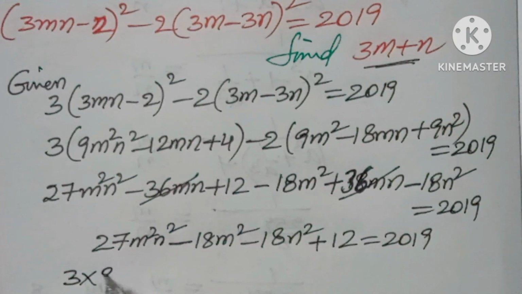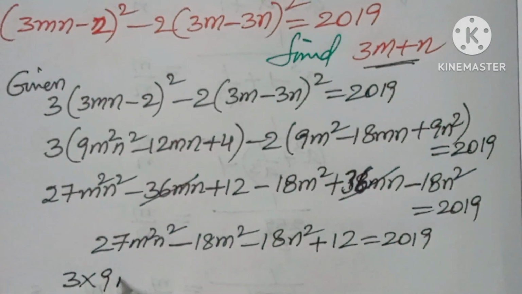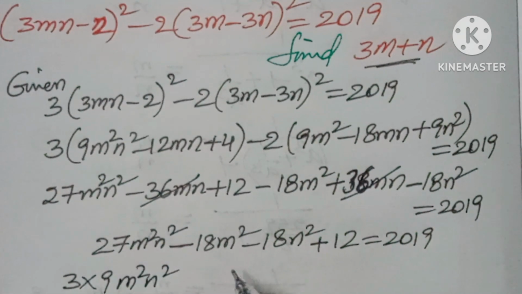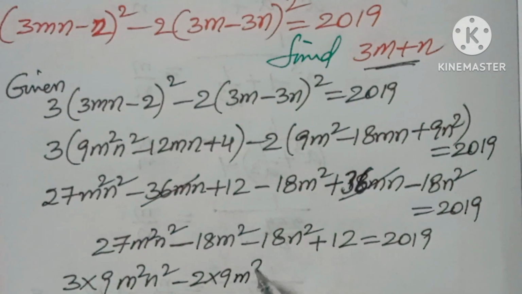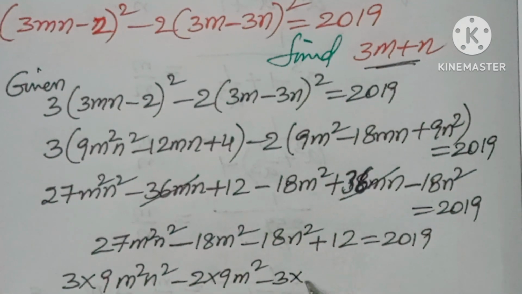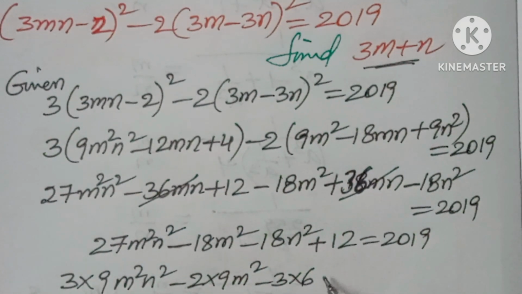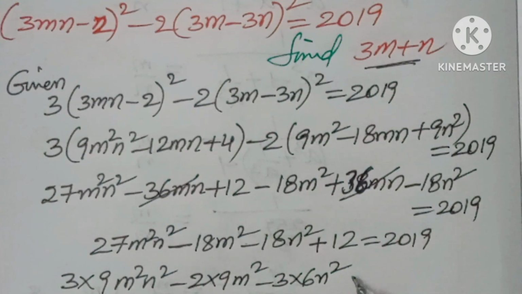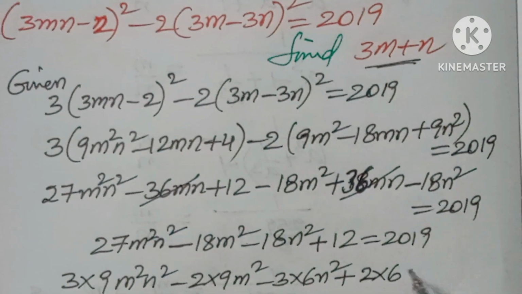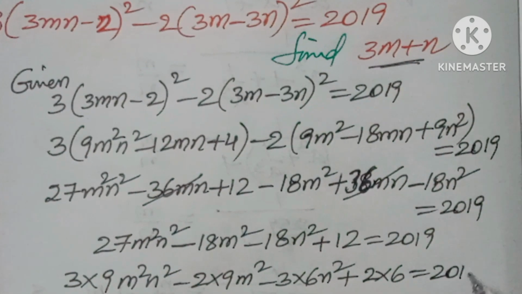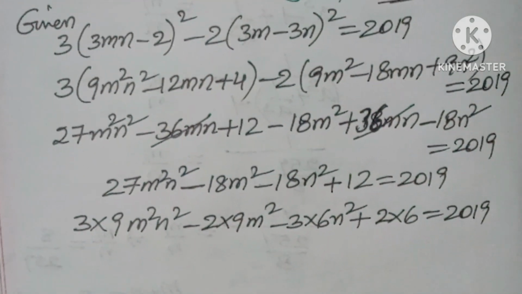So here you'll write the factors: 3 into 9 m squared n squared, 2 into 9 m squared, 3 into 6 n squared, plus 2 into 6 is equal to 2019 now.